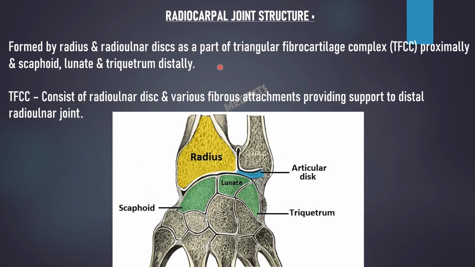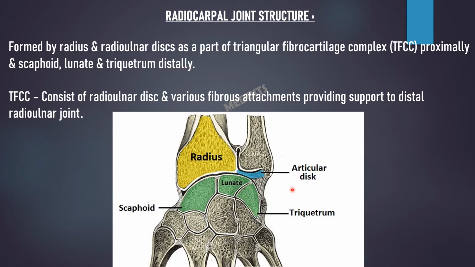Now coming to the next point, radiocarpal joint structure. Here it is formed proximally by the radius and the radioulnar disc as a part of the triangular fibrocartilage complex. Remember it as TFCC. And distally, scaphoid, lunate, and triquetrum.